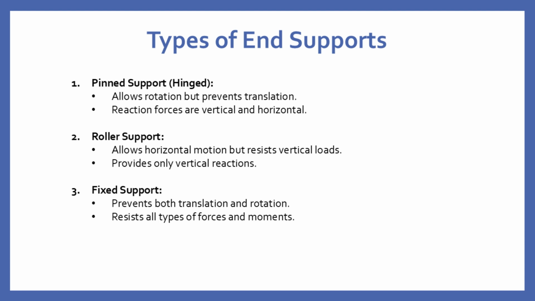Finally, we have fixed supports, which are like firmly cementing the beam end into a wall, no movement or rotation allowed. Each support type affects how our beam behaves under load and determines what types of reactions we'll need to calculate. Understanding these support types is crucial because they directly influence how forces are transmitted through our structure.